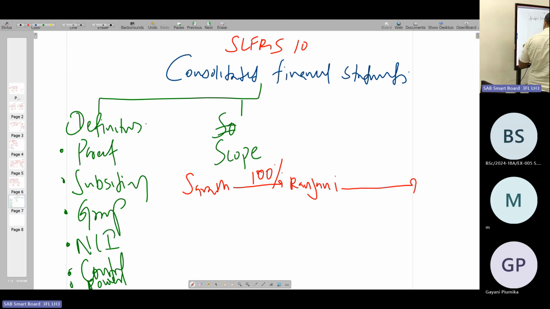Ranjani acquired Namal, let's say 80%. Right? In this case, how many subsidiaries? Two subsidiaries, Ranjani and Namal. How many parents?